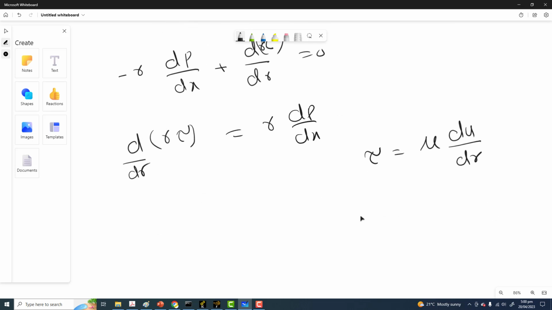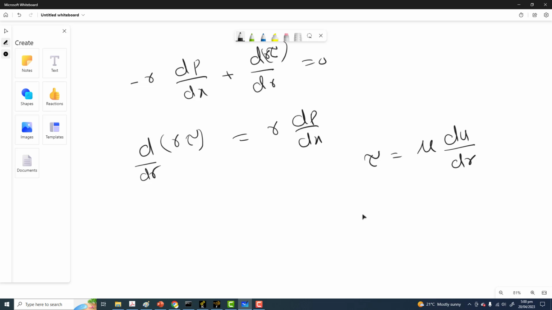So we can write this as d/dr, with r here, of μ du/dr, equal to r dp/dx.